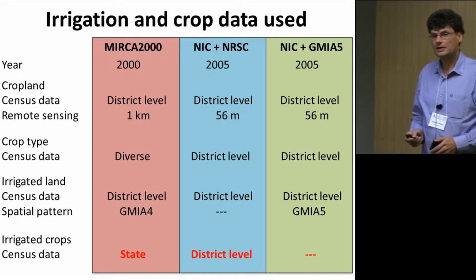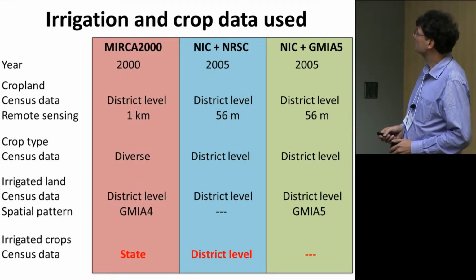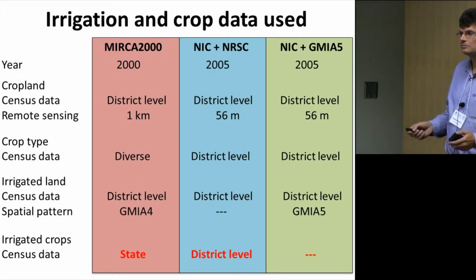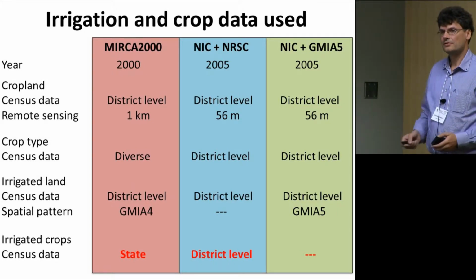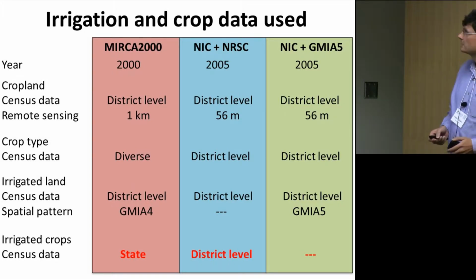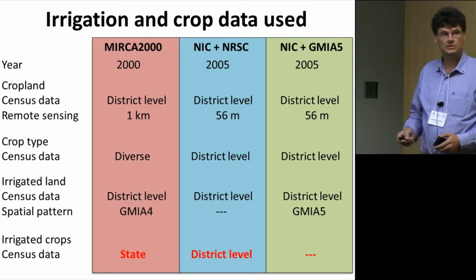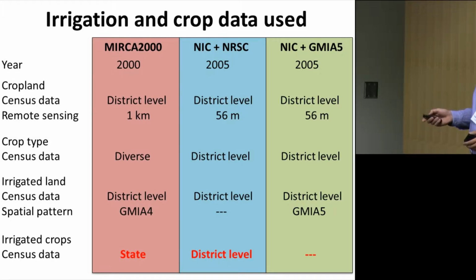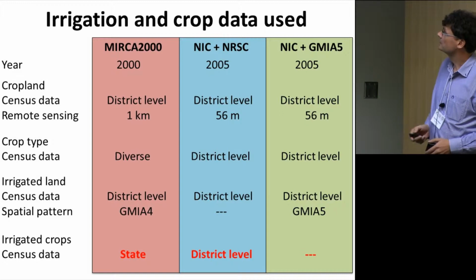So here we combine just our global map of irrigated land with the cropland map and compute for each pixel the percentage of cropland that is irrigated, and then we assume that each crop is irrigated with the same ratio. So at the pixel level, no difference between crops. So this is the major difference.